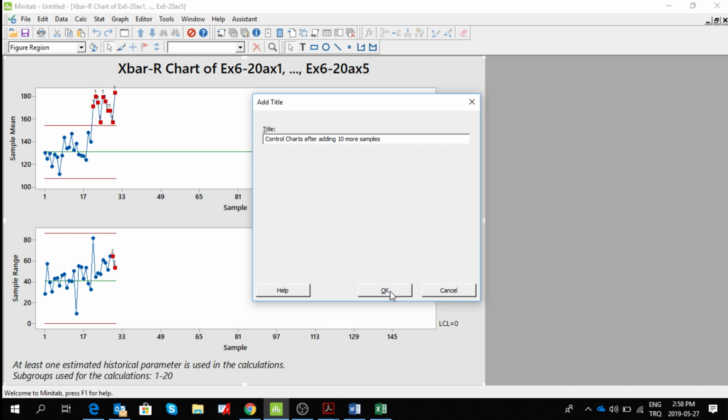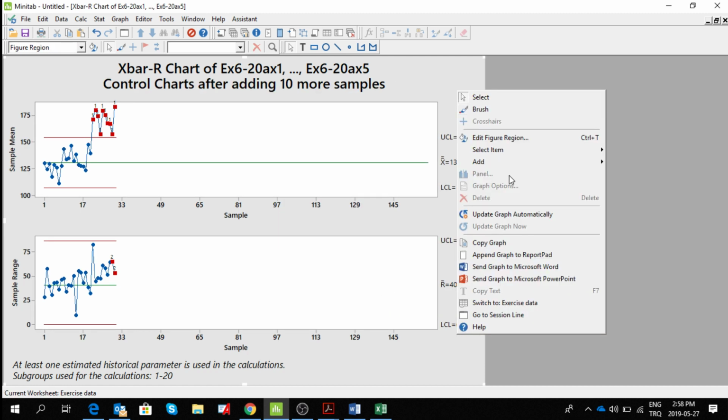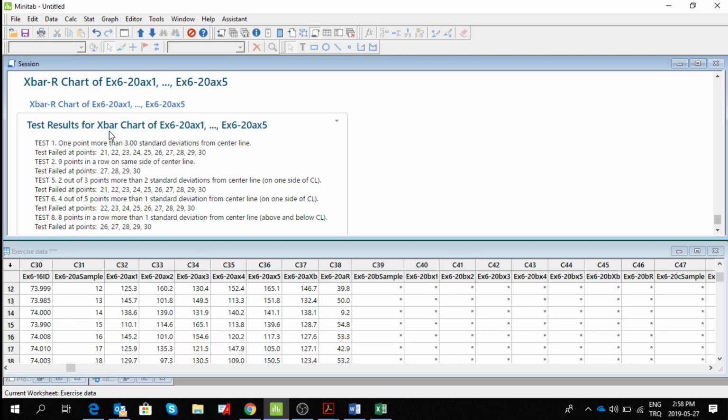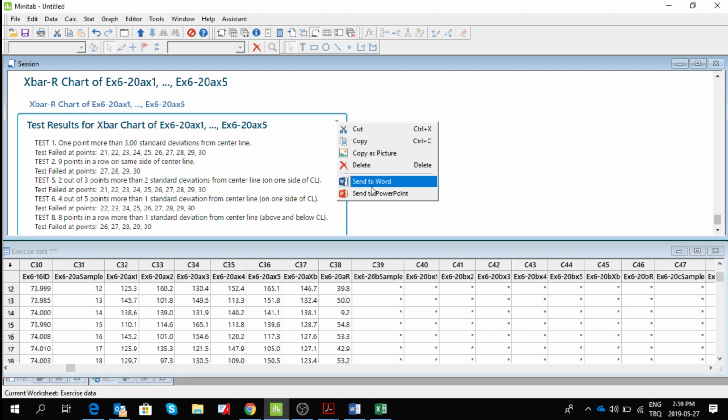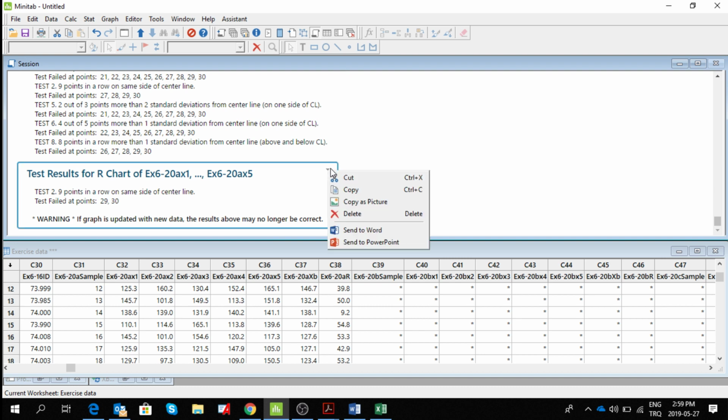Okay. So I'm going to forward that to my Microsoft file. I'm going to make it smaller. And here I want you to see that these are the results sent to Word file. It should include the R chart. No, it doesn't. So let's send the R chart to Word.